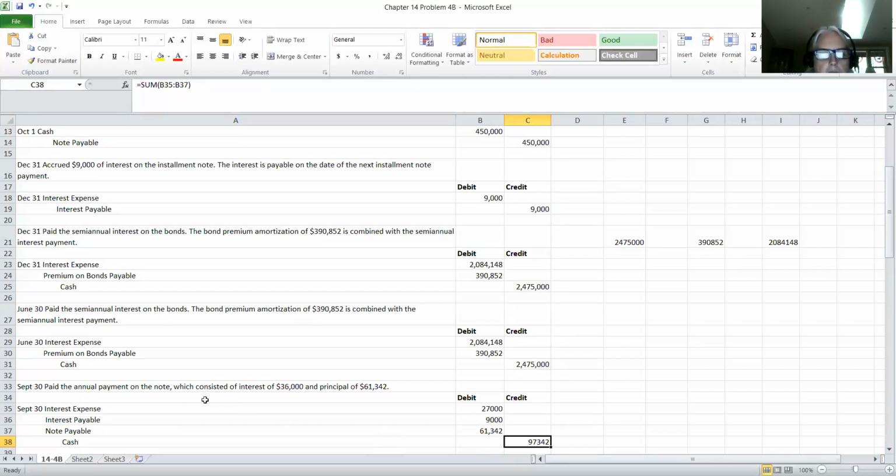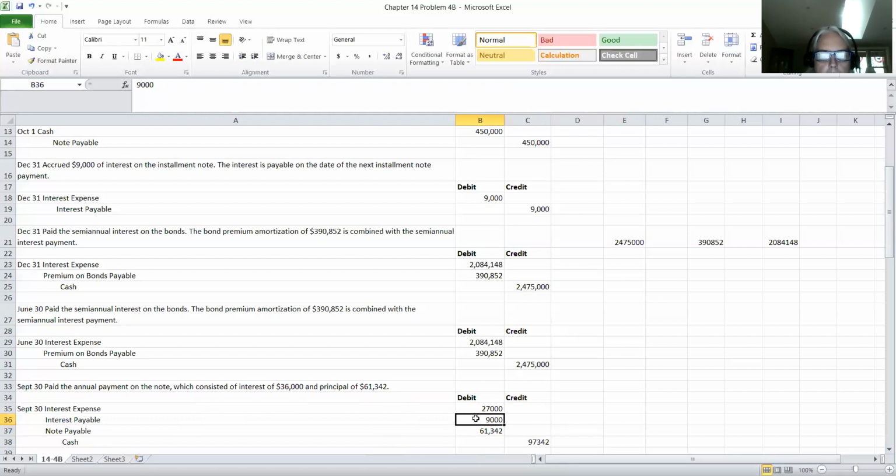So we're paying an annual interest payment on the note, which amounted to $36,000 in interest plus the principal amount. We are reducing or debiting our note payable by the amount of the principal that would be reduced.